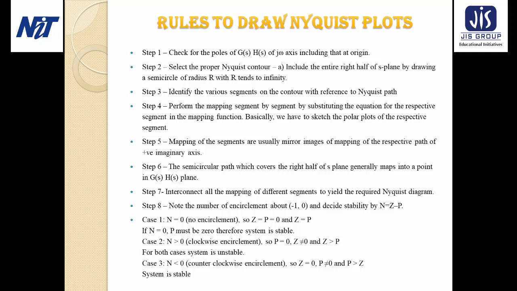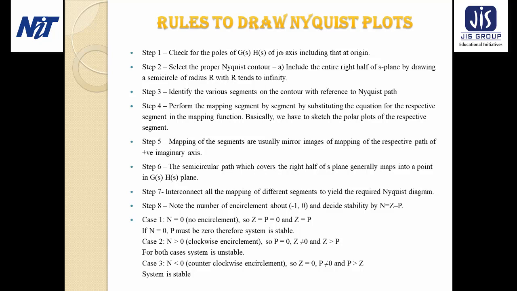So for case 2, when n is greater than 0, that means a clockwise encirclement. So p becomes 0 and z is not equal to 0, and z is greater than p. For both the cases, z equal to 0 and z greater than p, the system will be unstable.